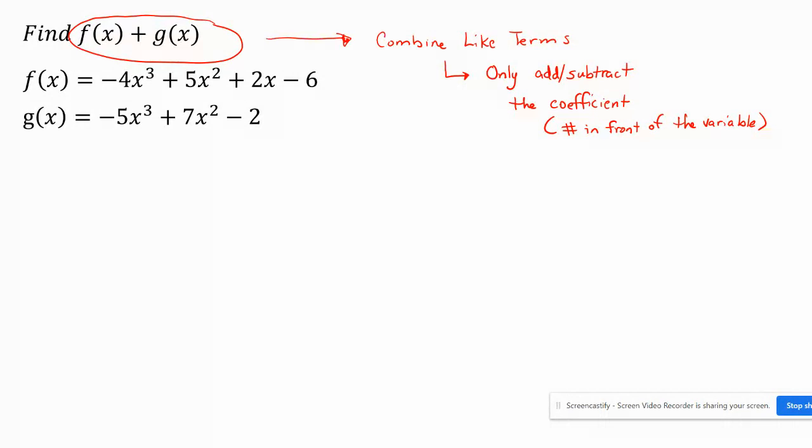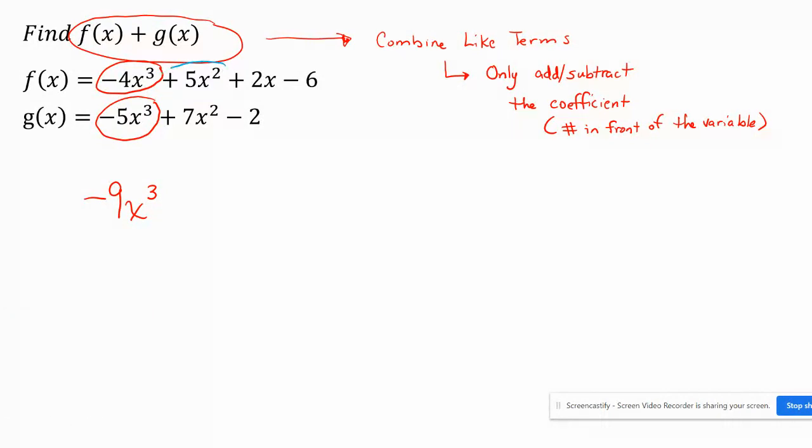Now, if this is an add problem, you don't have any extra steps. You're just combining like terms. So we have negative 4x cubed minus 5x cubed. That would be a total of negative 9x cubed, or x to the third.